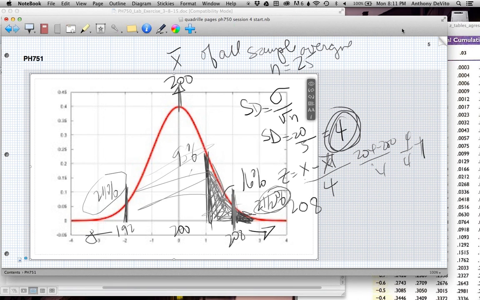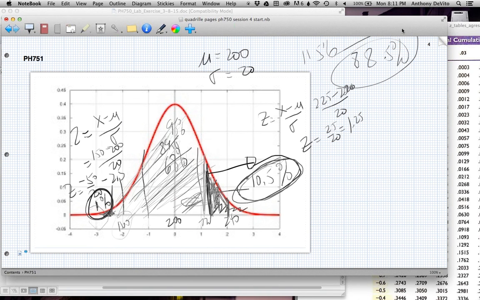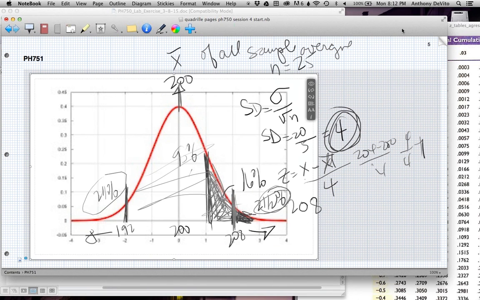This standard deviation is not the standard deviation of the population. We can approximate it based on the standard deviation of the population: it is sigma over the square root of n. The standard deviation of the population was 20 in this case, and this standard deviation for the samples is 4 because we divided it by the square root of the sample size.